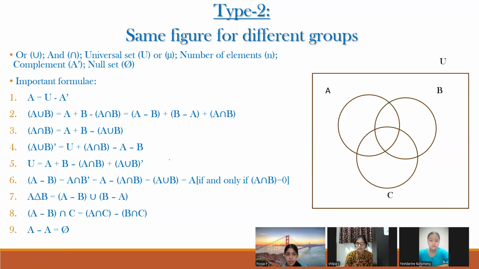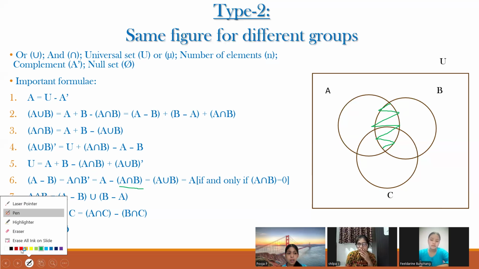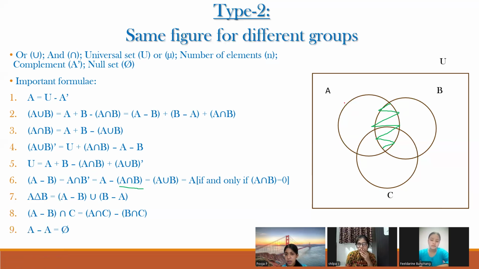Let's say you have the second part of it, which is A intersection B, that is this. And A minus means it should belong to A but should not belong to this second part, this green shaded area. So what is remaining with us?